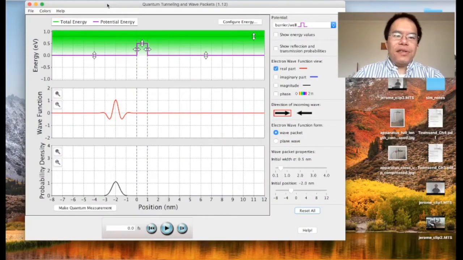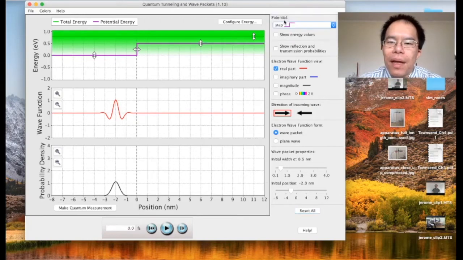So this is the quantum tunneling and wave packets PhET. To get something like what we were talking about, a potential energy step, I can go over here and choose step in this potential drop-down menu. What we can see here is that I can change the height of the step by dragging this arrow, or the height on this side with that one, or where the step happens.